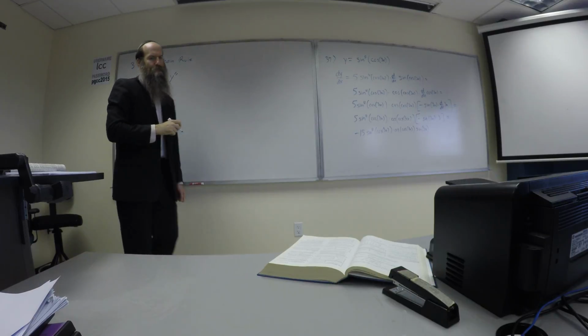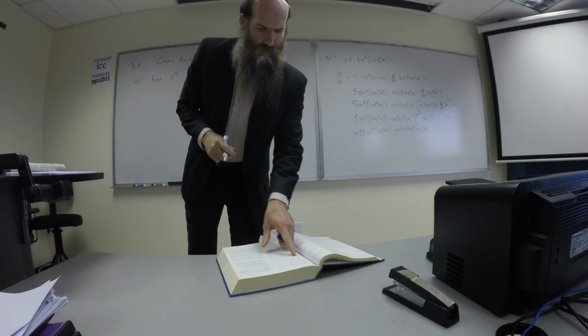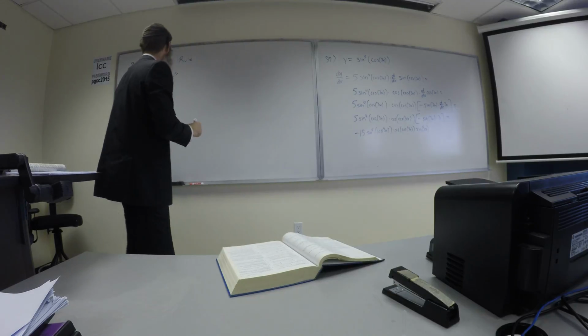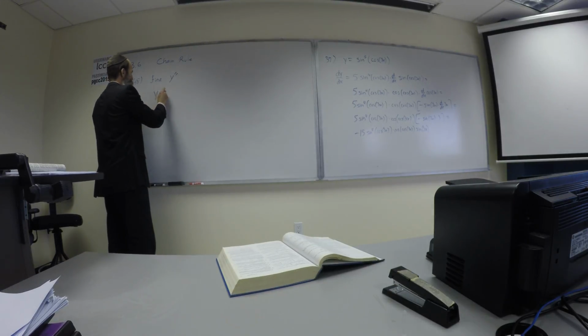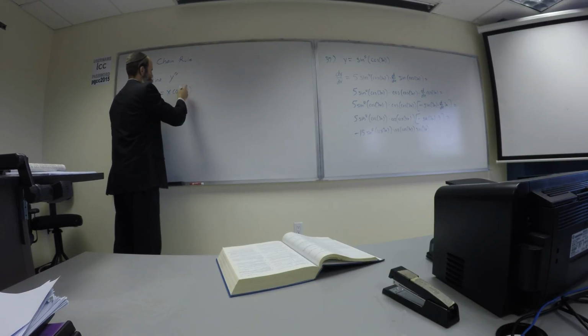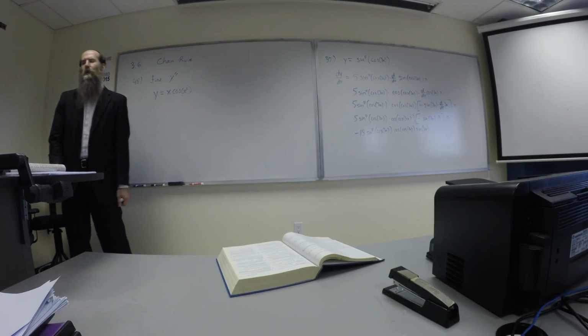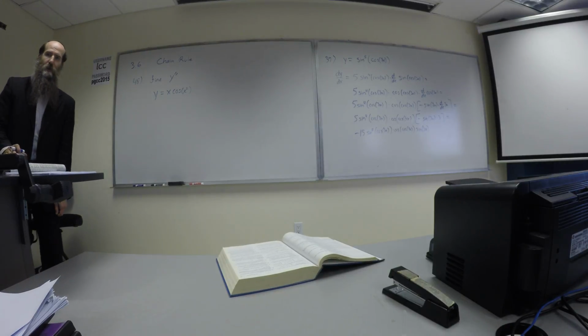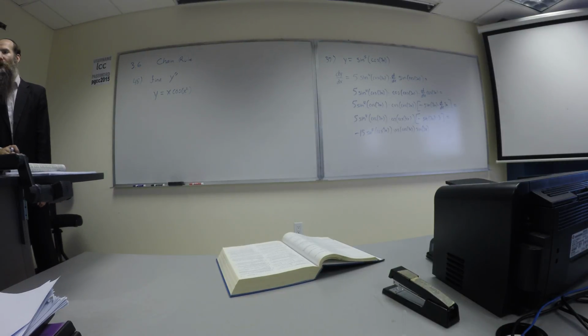Find y double prime. y is x times cos of x squared. So this has two basic things going on with it. It has a composition. The x squared is being put inside the cos function. And then it has a multiplication by x, right?